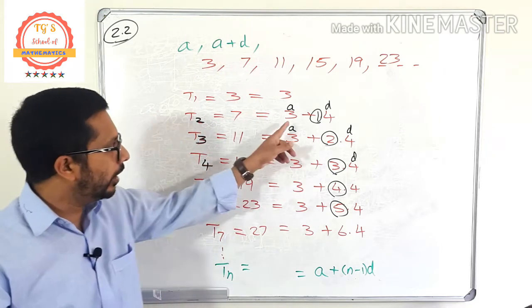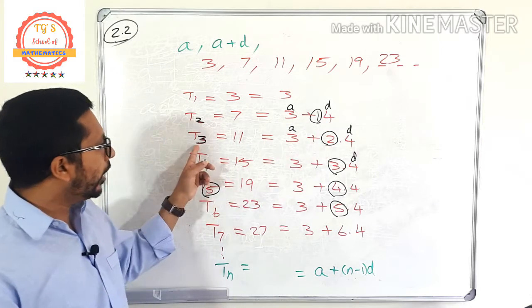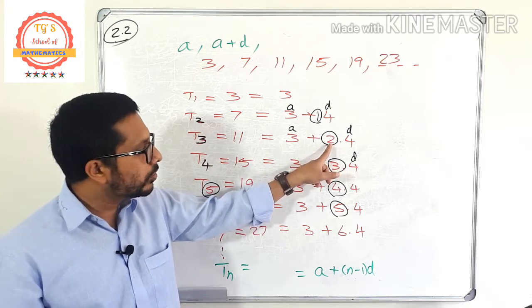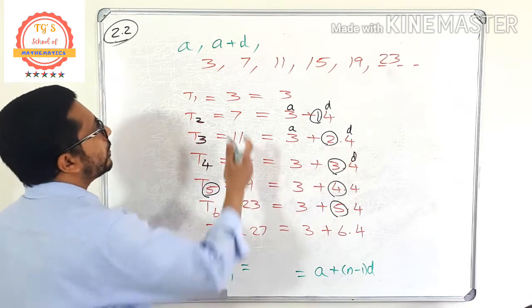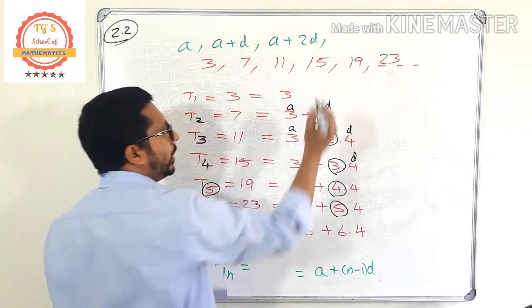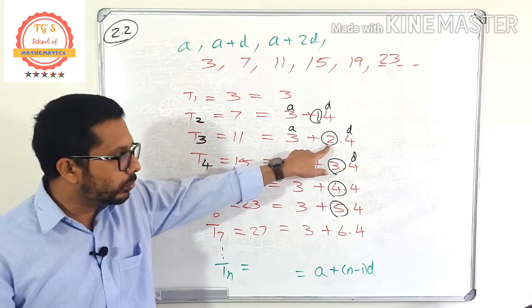Am I right? A plus 1d, that means a plus d. Okay, the third term I am going to write a plus 2d. So the third term I can write as a plus 2d. Third term means 1 less, that means 2d.